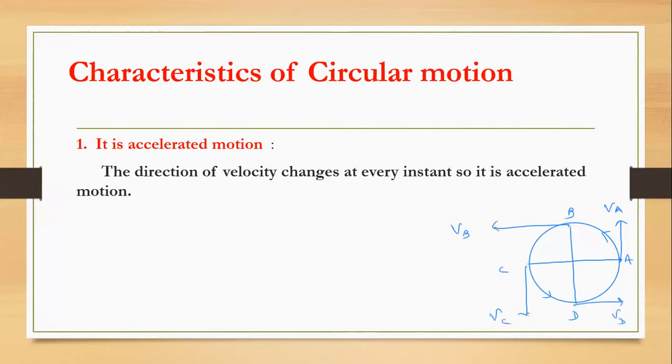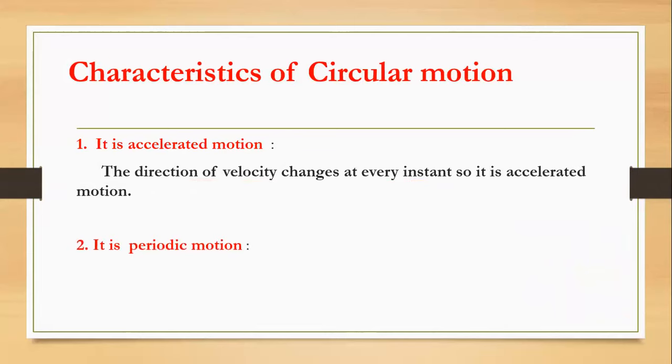You know that velocity is along the tangent. So if you see these directions, the direction at A, at B, at C, and at D, they are different. So we can say that the direction of velocity changes at every instant. Therefore, it is accelerated motion.